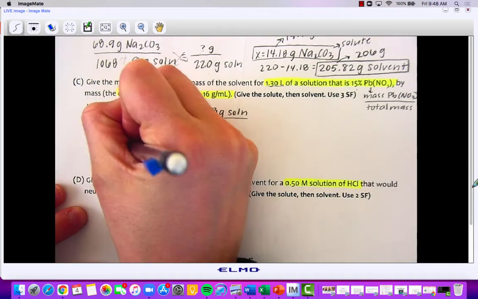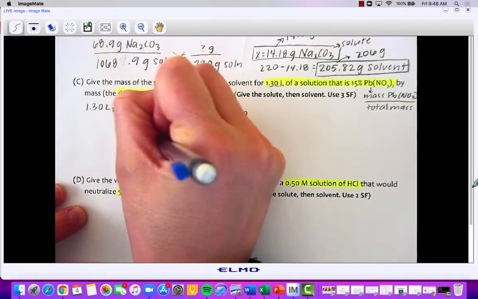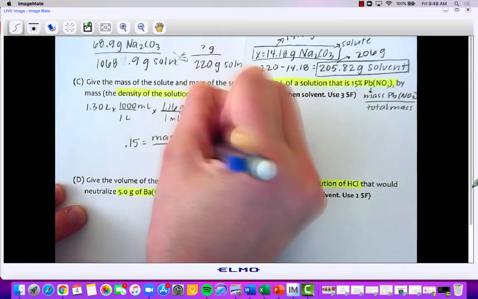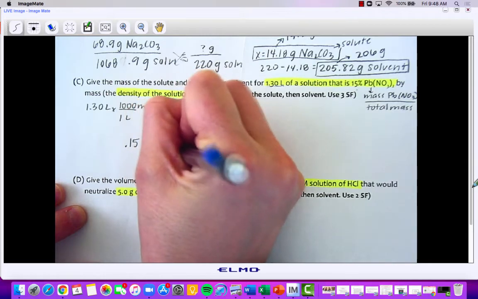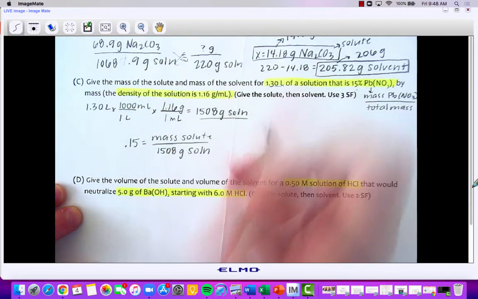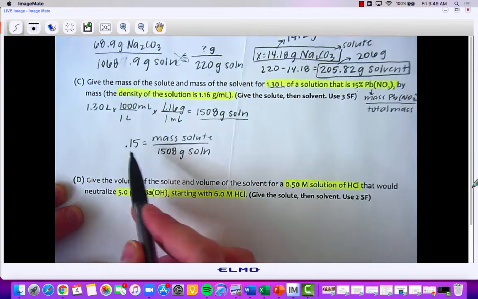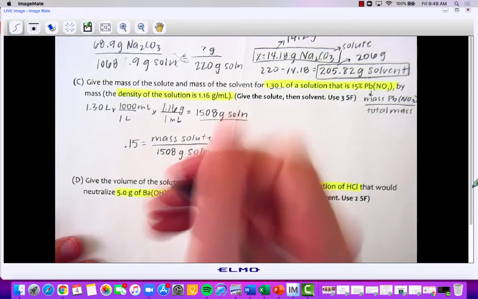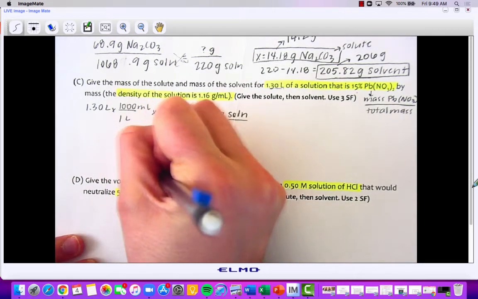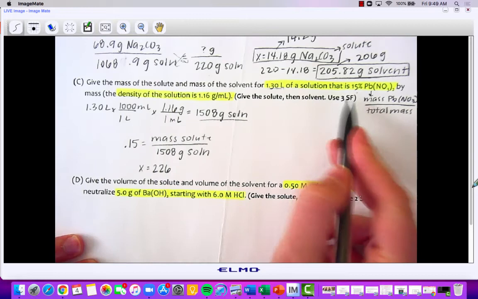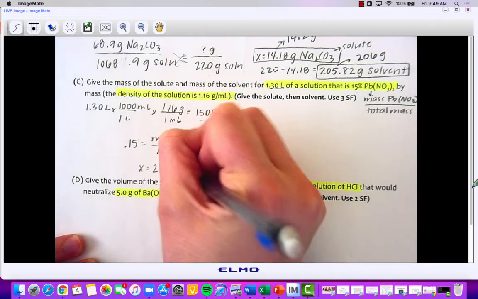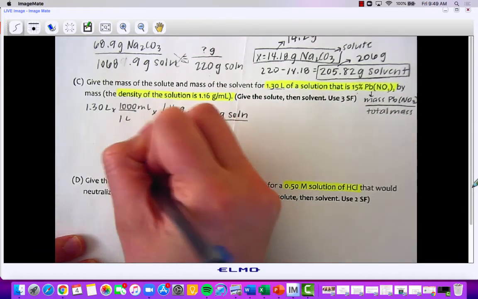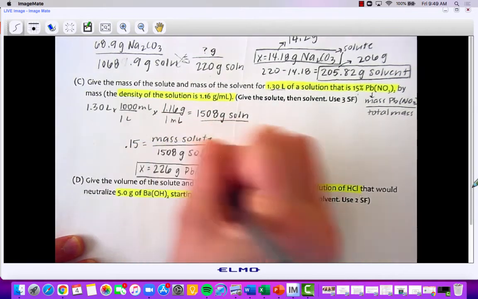So 15% is 0.15 is our mass of solute over total mass of solution. So all I did is, instead of doing times 100 over here, I already divided it out. So 0.15 times 1508, 226, so 3 sig figs, 226 grams of PbNO3 2. So there's my solute. That's what we're going to list first.